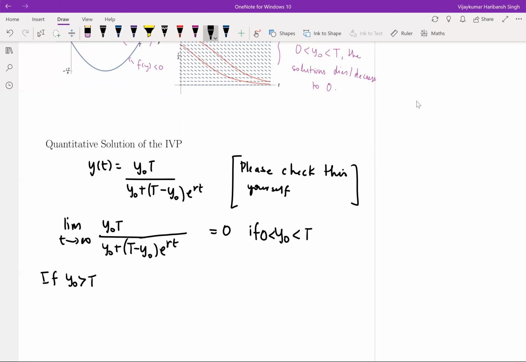Let's see when the denominator becomes closer to 0. If the denominator becomes closer to 0 while the numerator is a fixed value, the solution will blow up and become very large. So setting this to 0 and solving for t, you get t equals 1 upon r ln of y0 over (y0 minus T).